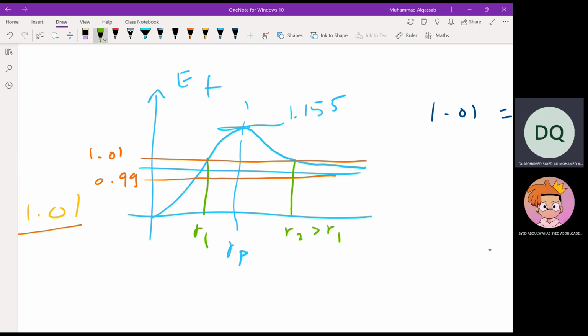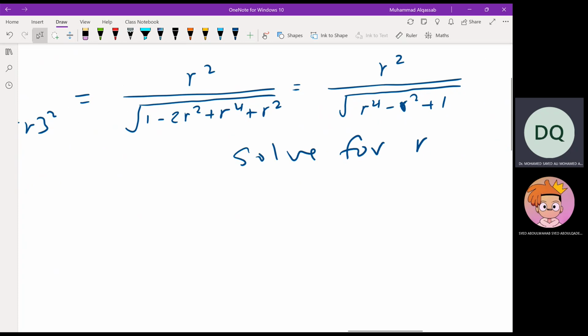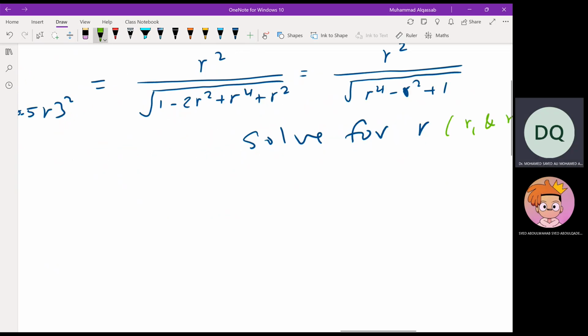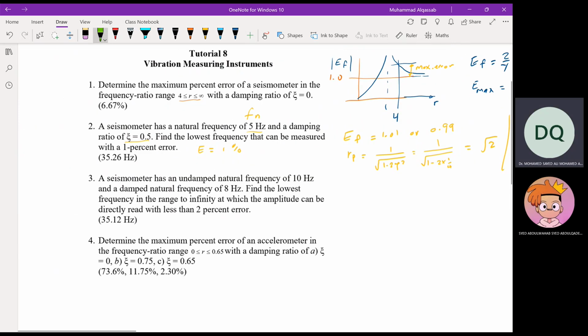And this is the lowest frequency ratio. So the lowest frequency will equal R2 times Fn, where by solving for r, we get R1 and R2. Okay, clear?